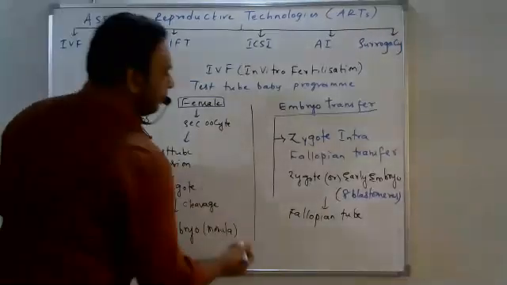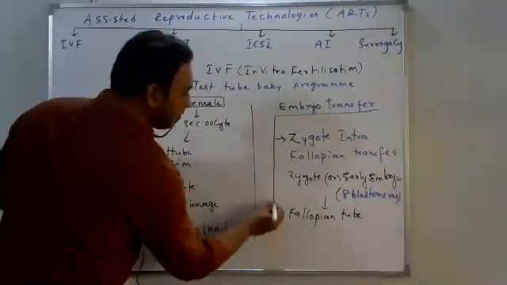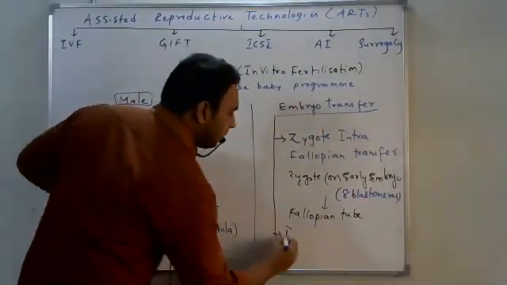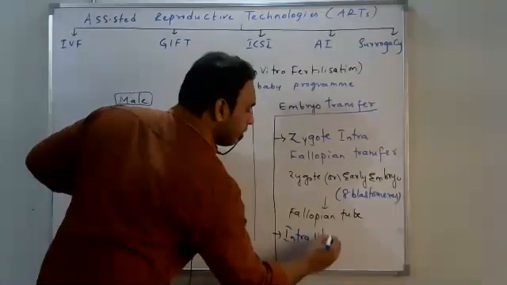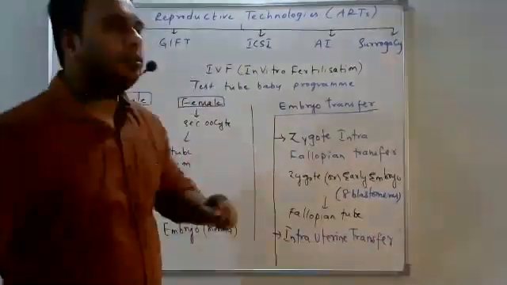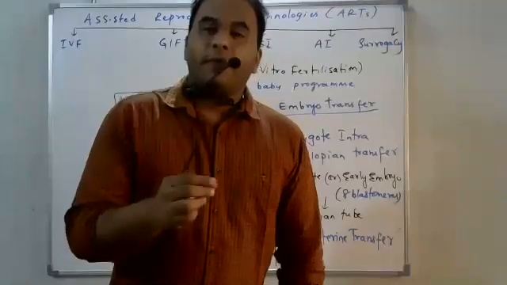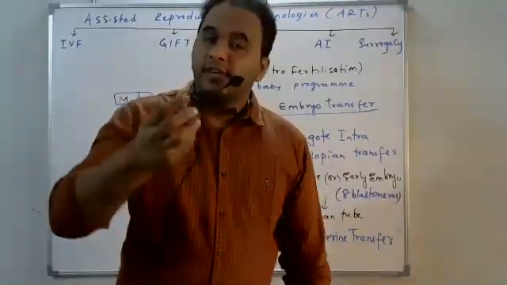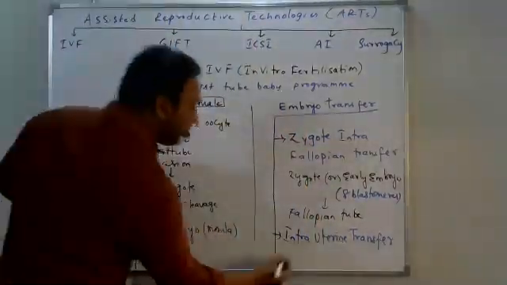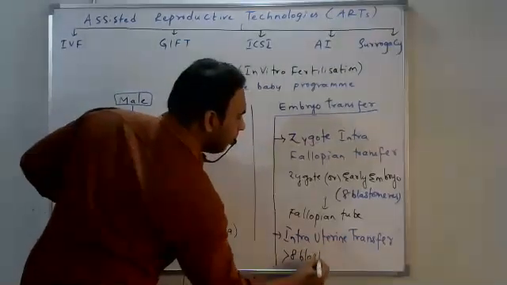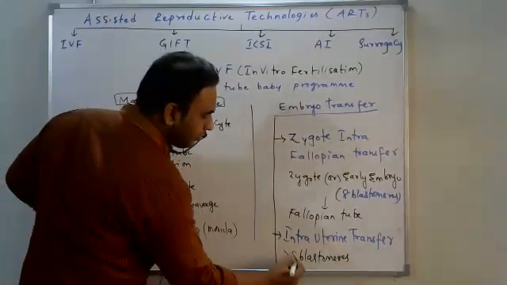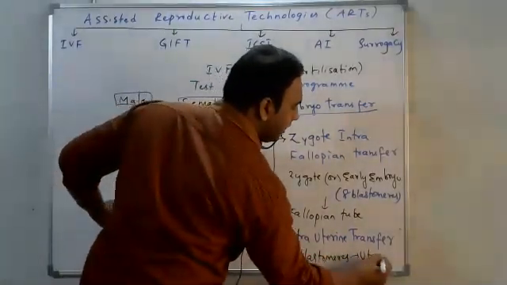The second method is intrauterine transfer. That means the embryo with more than 8 blastomeres is transferred, or injected, directly into the uterus.